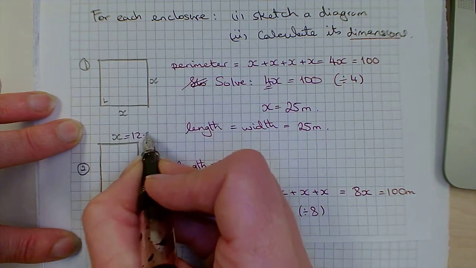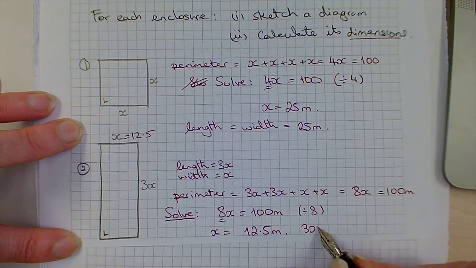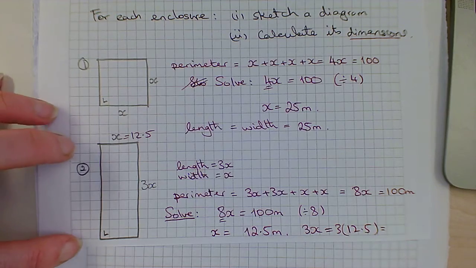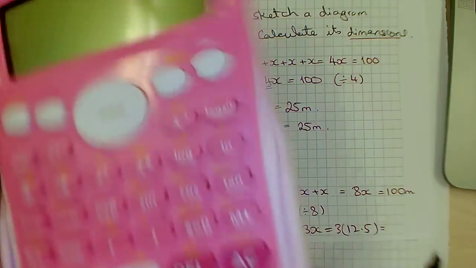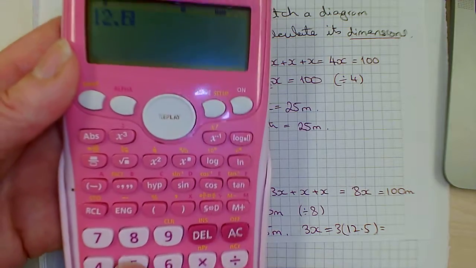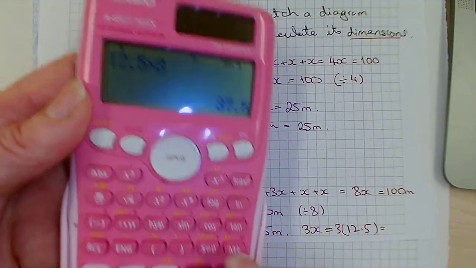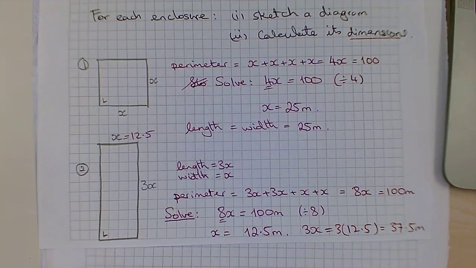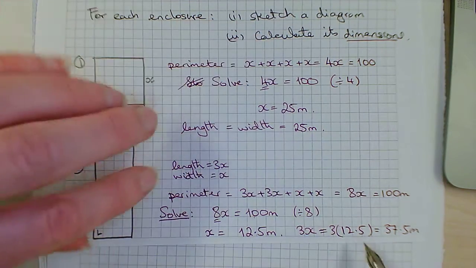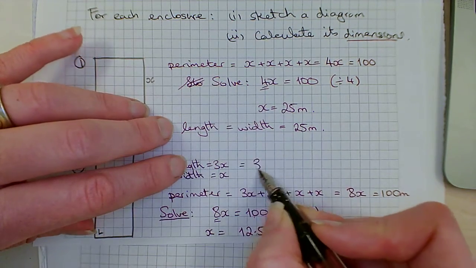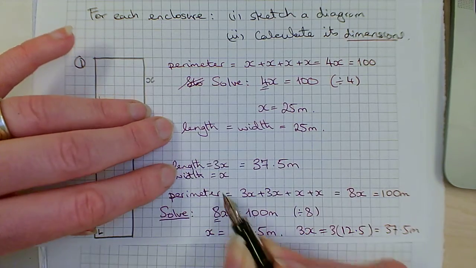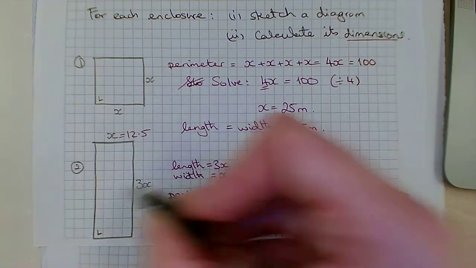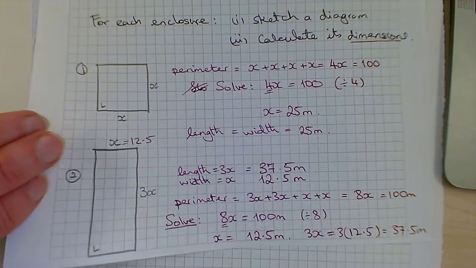So I need to multiply it by 3 to get the length. 12.5 multiplied by 3 gives me 37.5 meters. Again, write down your answer. So the length is 37.5 meters and the width is 12.5 meters. Add those together, you get 50, and then double it, you've got your perimeter of 100.